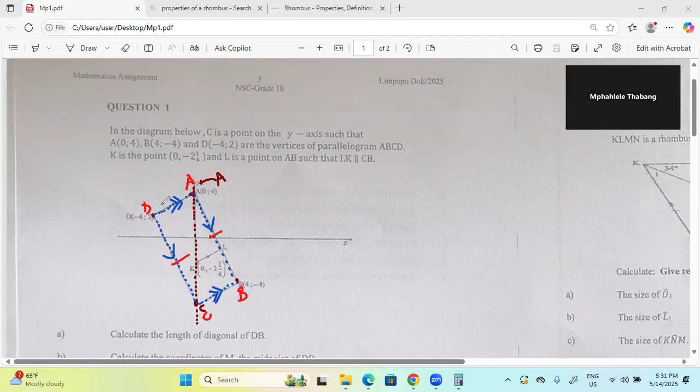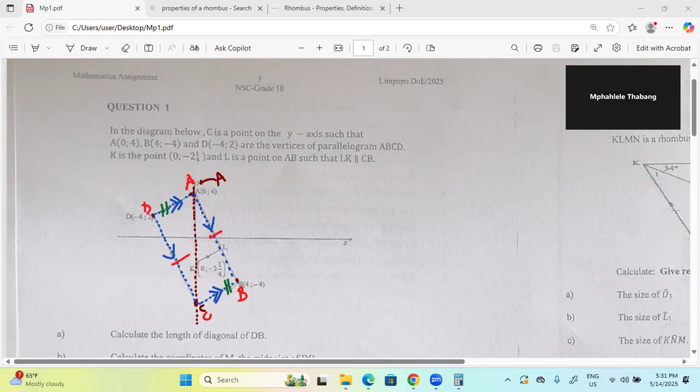So I'm going to also say DA, which is opposite to CB. So DA and CB are equal. So opposite sides of a parallelogram are parallel and also equal. So I try to represent the property on the diagram. Okay.